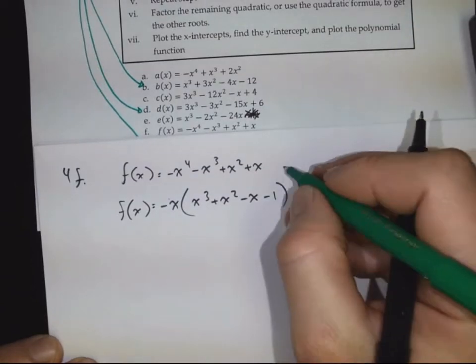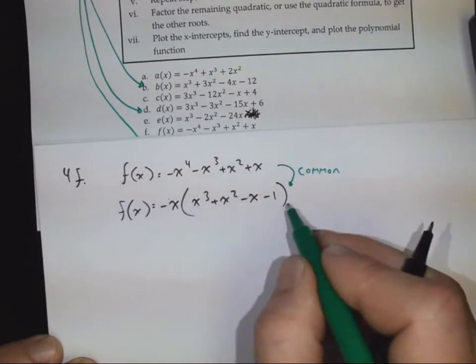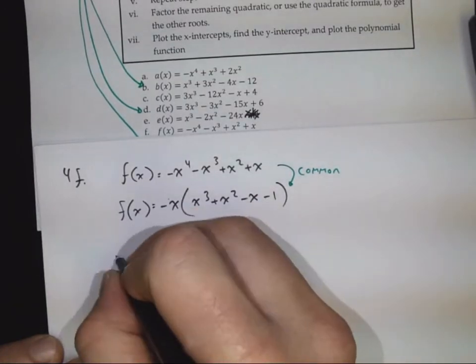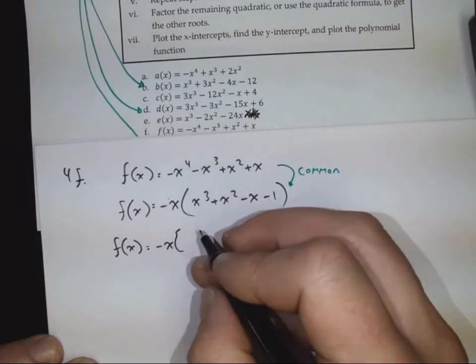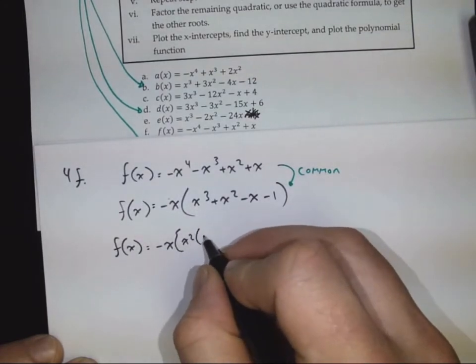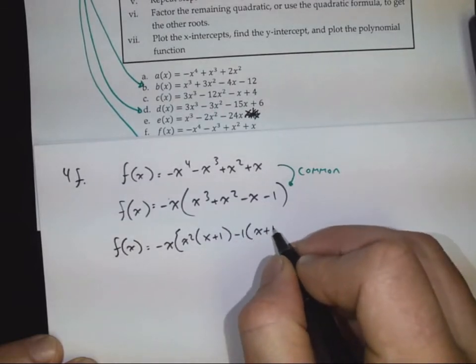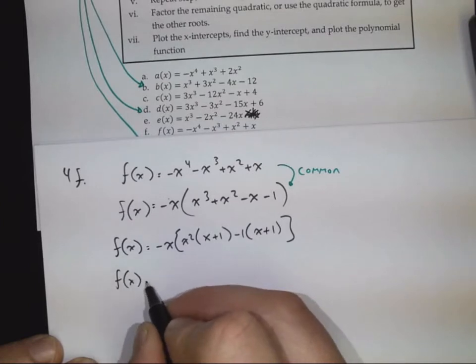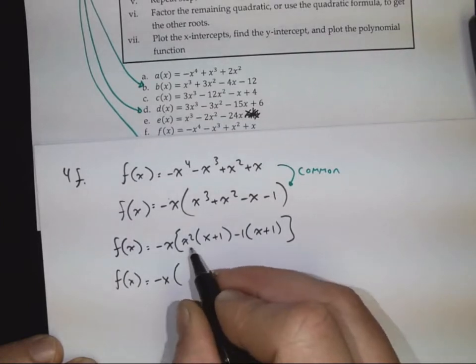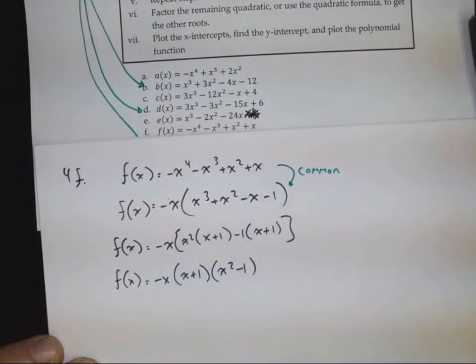All right. Then I've got this 4-term thing. Now I'm going to see if I can factor by grouping there. So I'm going to try that. F of x is equal to negative x. And I can factor an x squared out of that term to get x plus 1. And I can factor a negative 1 out of these guys and get x plus 1. So I can actually rewrite this as negative x times x plus 1 times x squared minus 1.